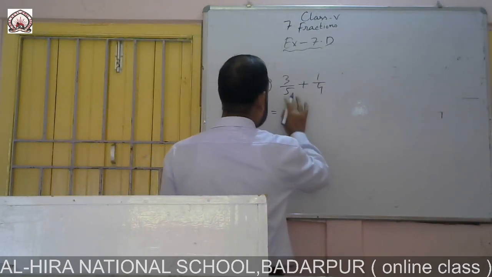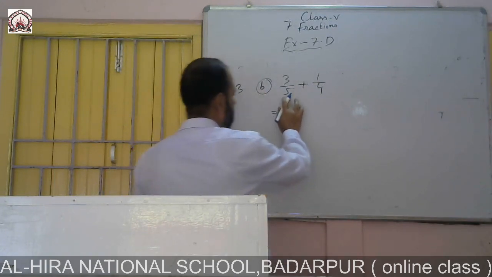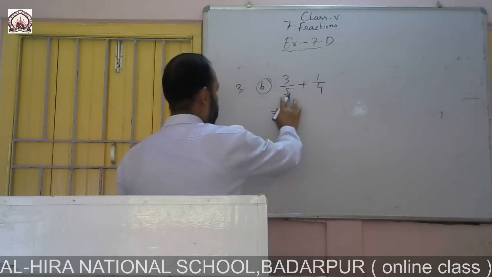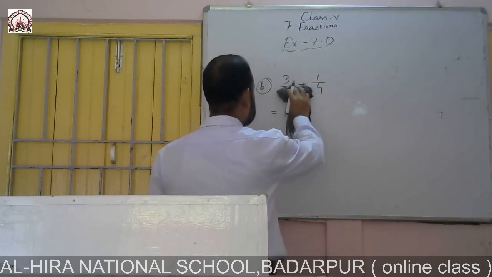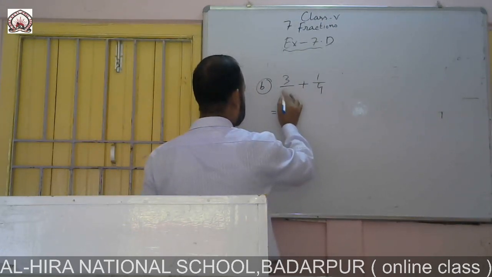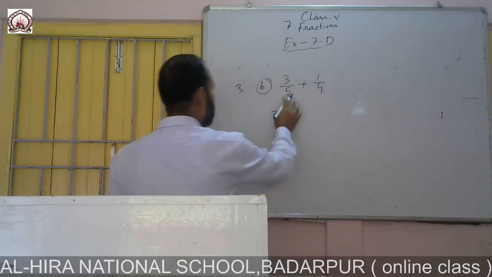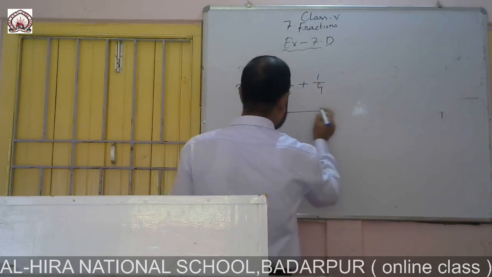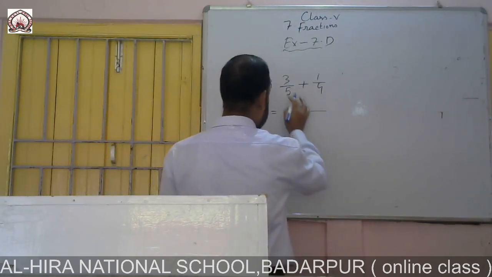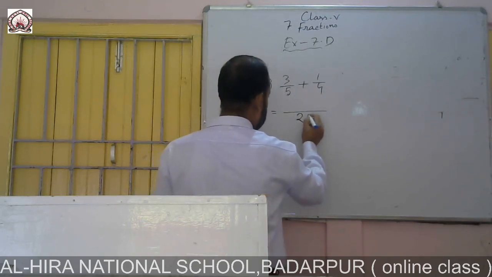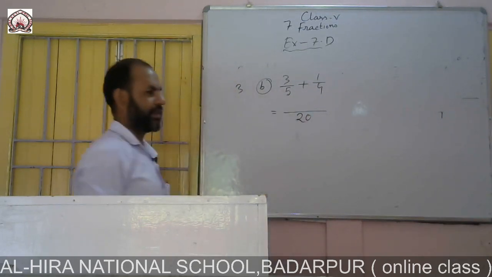So here 5 is a prime number and 4 is an even, composite number. So while taking the LCM we multiply. 5 4s are 20. The LCM is 20.